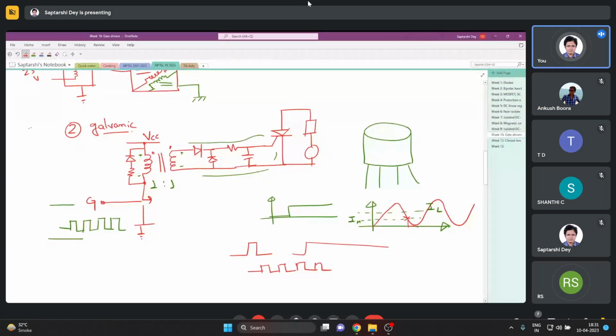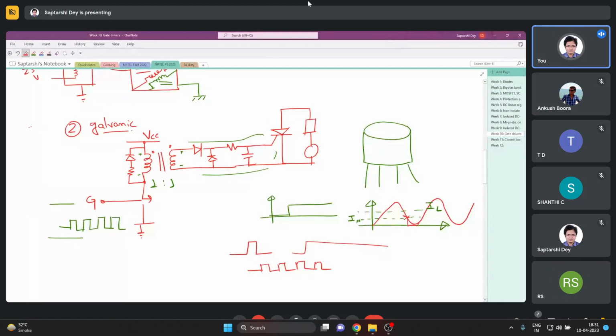And even if there is enough voltage to forward bias the thyristor, it will not turn on here. So if you want the current to be continuous, and you do not know the load nature, what kind of current is going to be demanded, then you give pulses like this. Such a pulse train is even more suitable for galvanic isolation, or galvanic isolation is even more suitable for cases where you have such pulses.